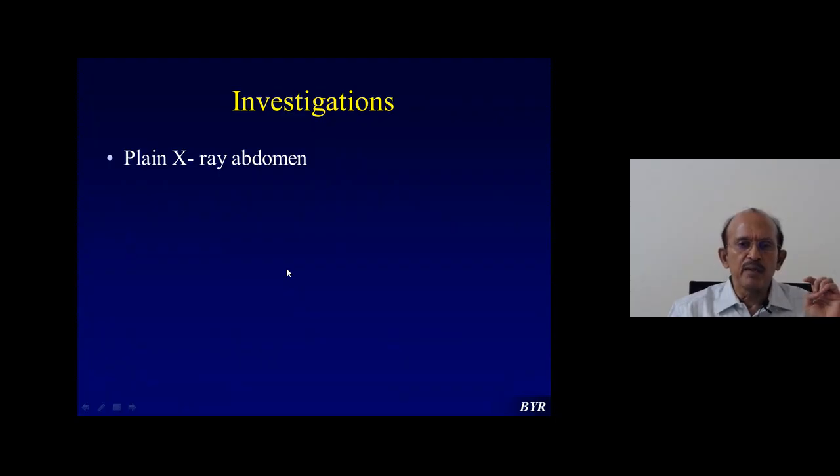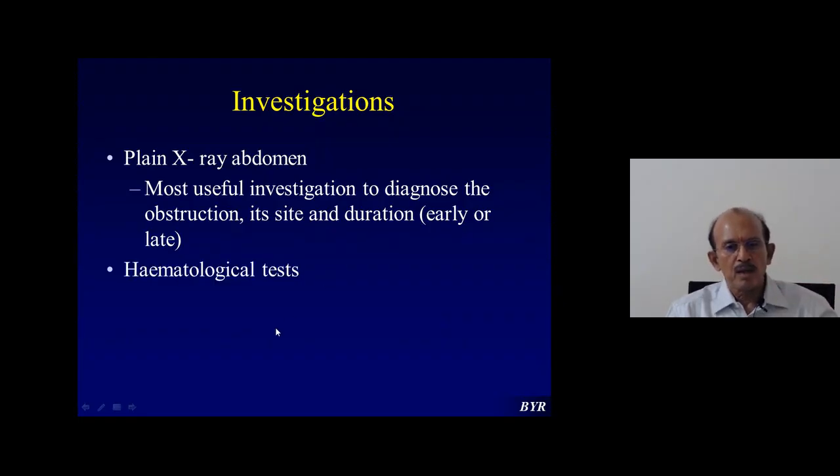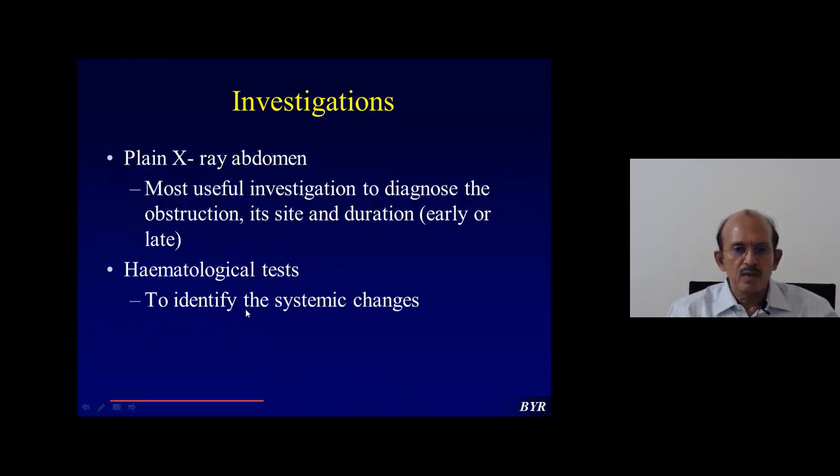The investigations being plain X-ray of the abdomen. This is the most useful investigation and a very simple investigation which is available in every part of the country. It is the most useful investigation to diagnose the obstruction, its site, and sometimes you can say even whether it is early obstruction or late obstruction. Then hematological tests to identify the systemic changes.